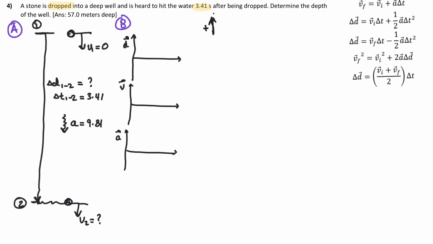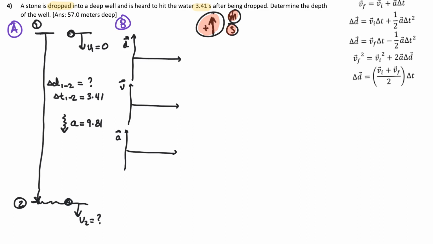This is usually something I don't do, because I always like to choose the positive direction in the same direction as my displacement. I'm not doing it this time, that's okay. Let's make sure that the answer still makes sense when I do this.